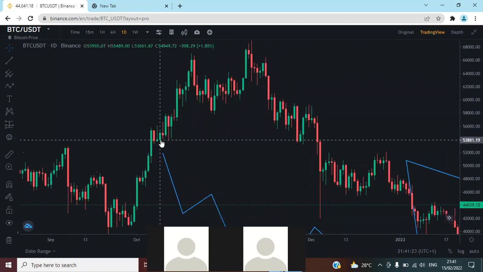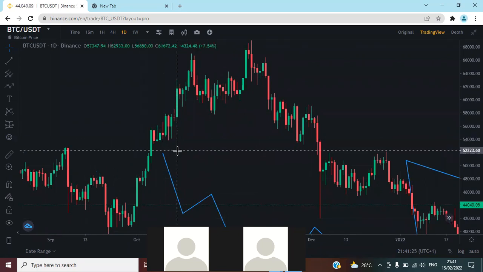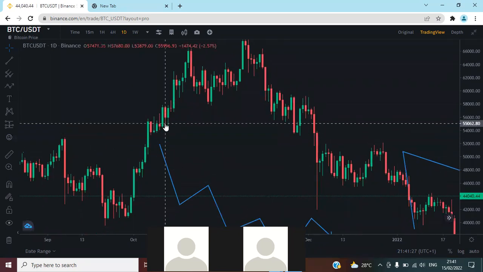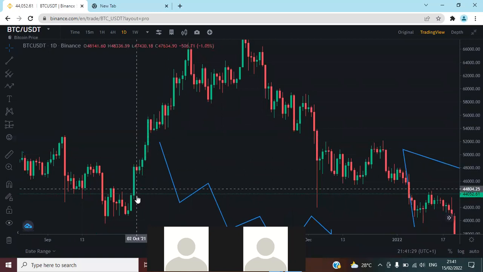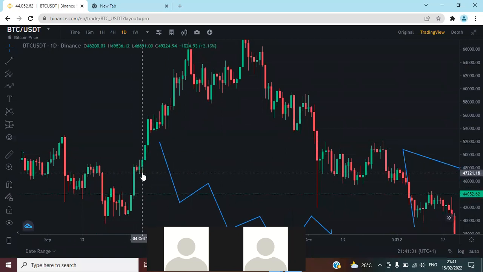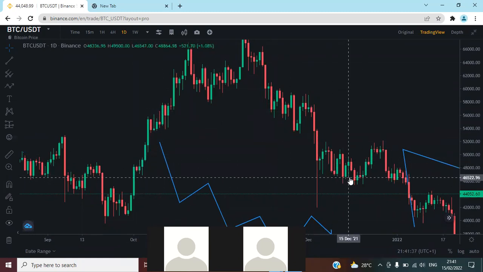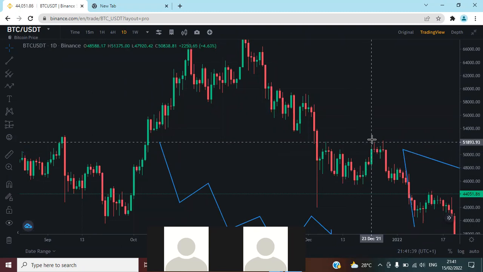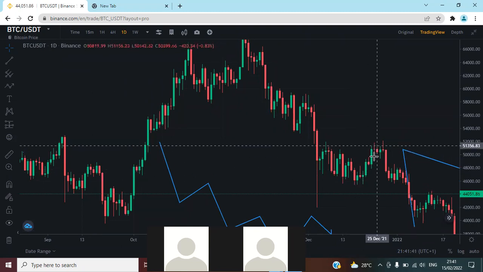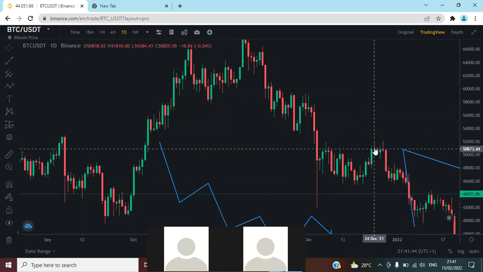Remember this demand. This was not demand in the past. This was support because it was not 3 straight candles. If you look at this, this is a very strong demand zone. Around this area, the market moved up drastically. If you look at this area too, the market begins to move sluggishly. So as we are seeing this sluggishness, the market will move in big, but it will not break this resistance.